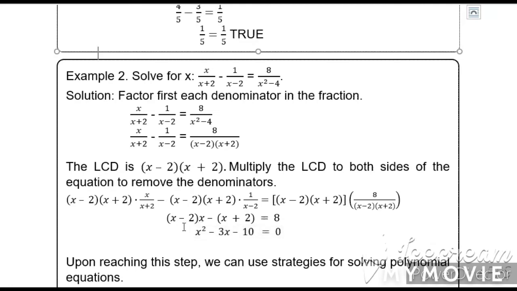Simplify further. This will become x times x, that is x squared, minus 2x, then you can have negative x.